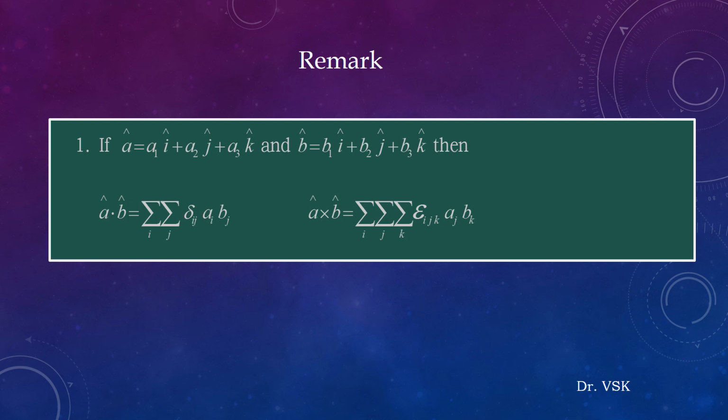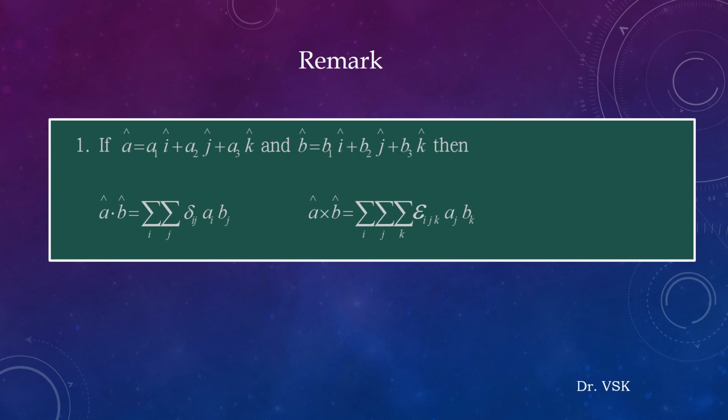Here the indices i and j take the values 1, 2 and 3. If we expand these summations, we get back the dot product a cap dot b cap equals a1 b1 plus a2 b2 plus a3 b3.